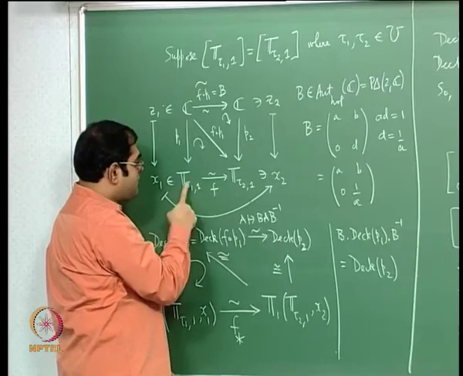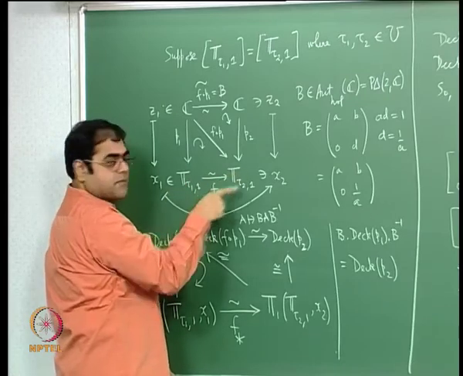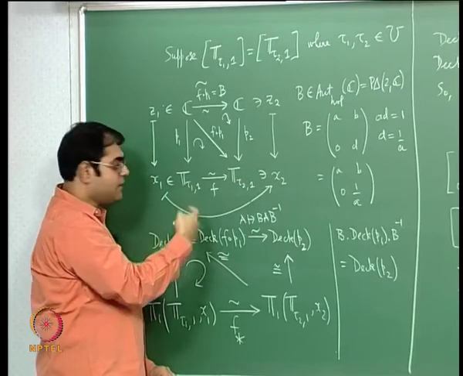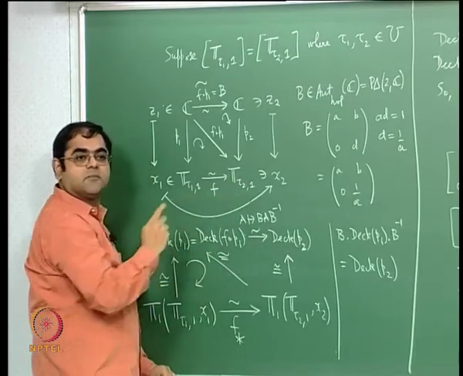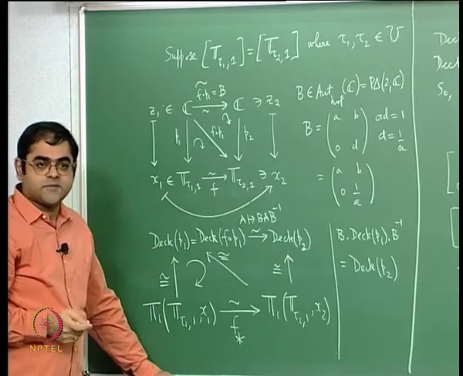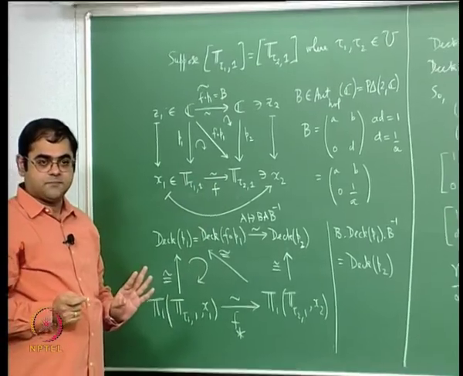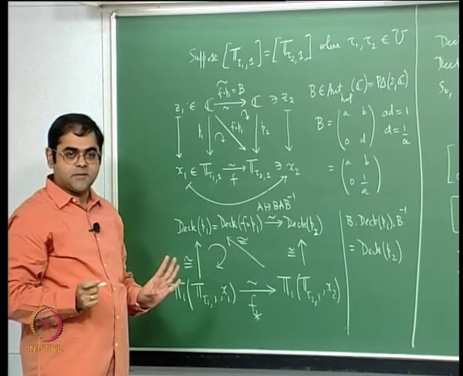So this map becomes a composition of two holomorphic maps, therefore it becomes holomorphic. In a similar way its inverse also becomes holomorphic, therefore these two tori become biholomorphic. So the whole argument can be reversed.